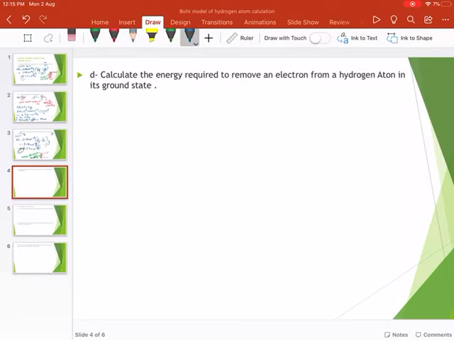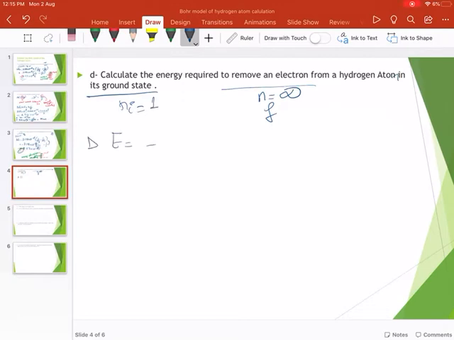Now, part D, calculate the energy required to remove an electron from a hydrogen atom in its ground state. Removing the electron means taking it out from the atom, so the energy level will be infinity. This will be the final. So remove it from its ground state, so n initial is equal to 1.